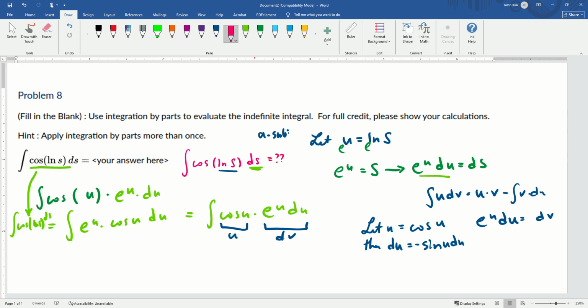You integrate both sides, left side and right side. The integral of e to the u is just e to the u. The integral of dv is just v.